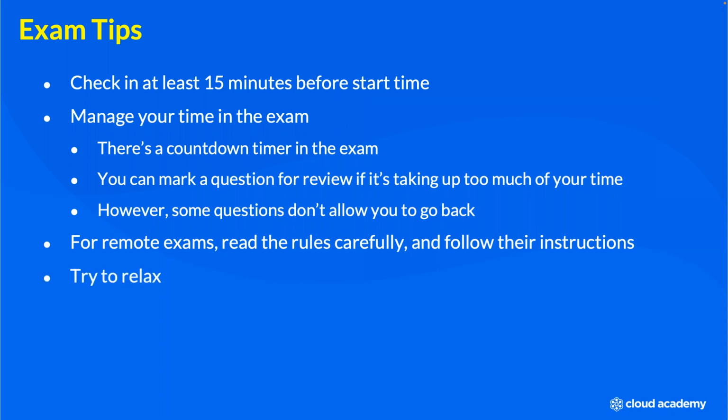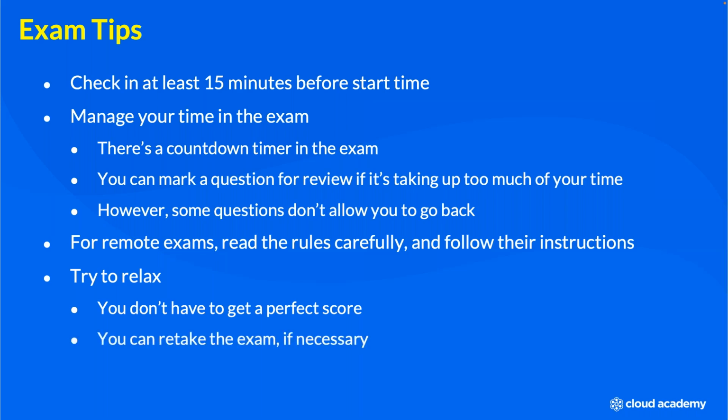Okay, so having said all that, do try to relax, because you don't have to get a perfect score. You need to get 700 out of 1,000 points, which they say is not exactly 70%, because they do some kind of scaling in the background with these exams, but it's somewhere around 70%. And so you definitely don't have to get every question right.